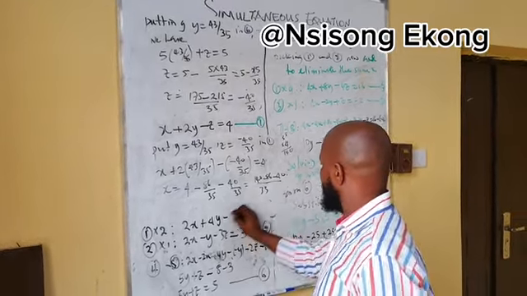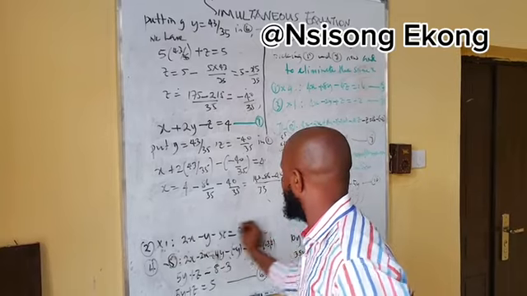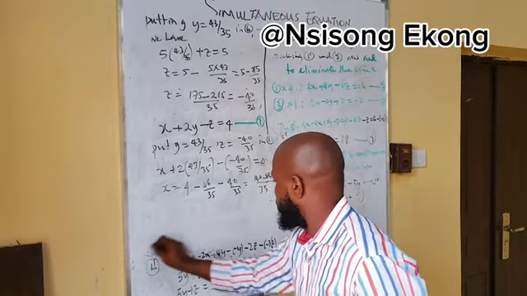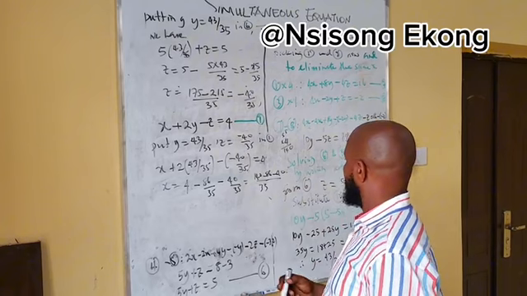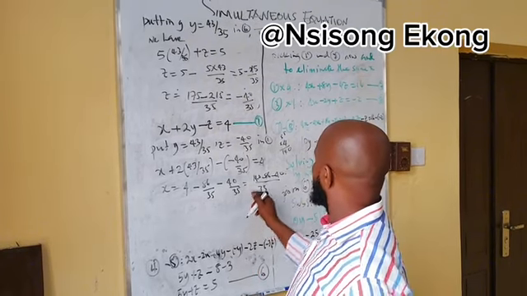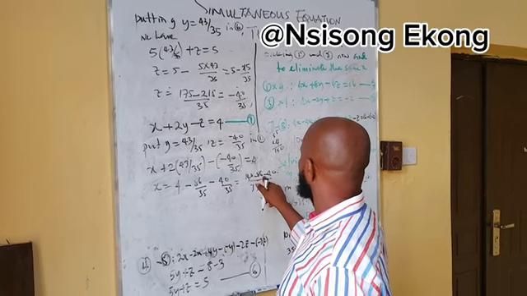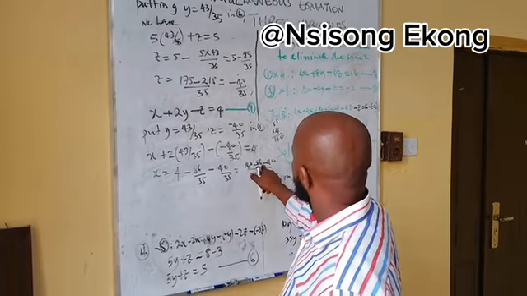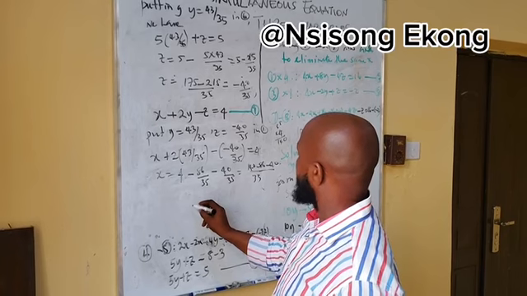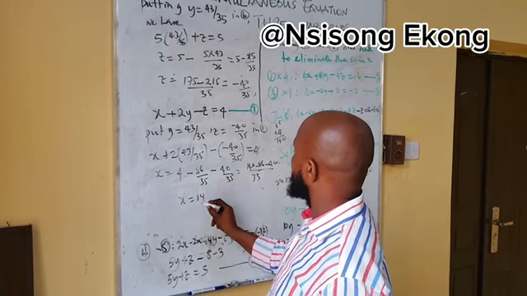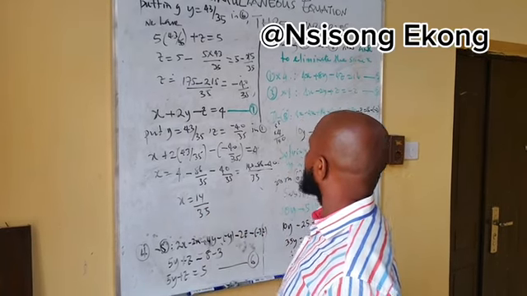That gives us our x, which is the last variable that we have to obtain here. 140 minus 40 is 100. 100 minus 86 is 14. So we have x to be 14 over 35.